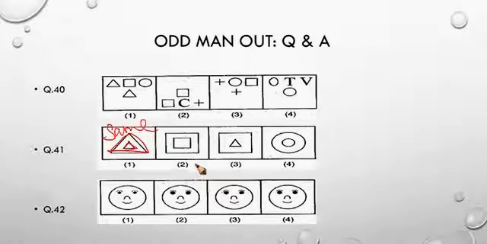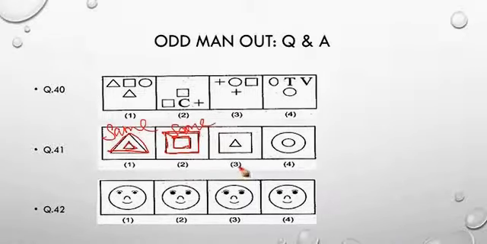Let's check in case of option 2. In option 2, there is one rectangle as an outer design, and as an inner design also there is one rectangle. So two designs are same.